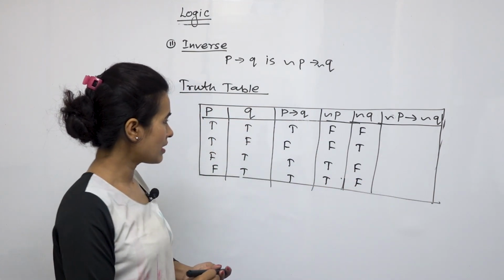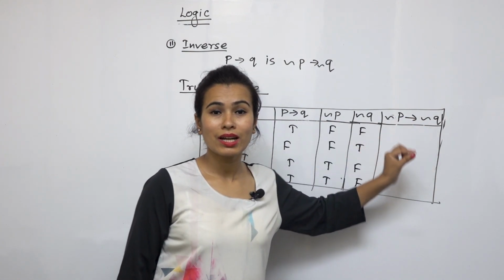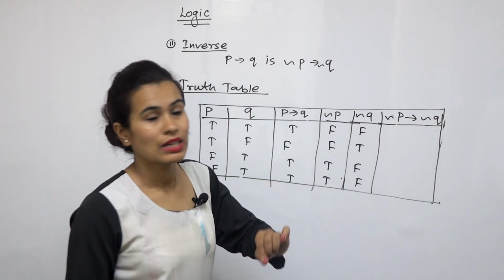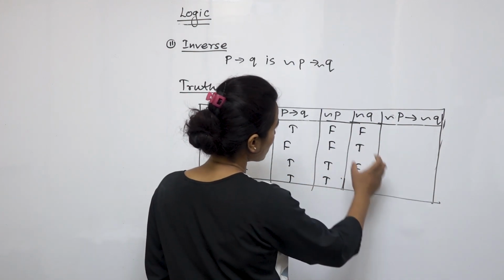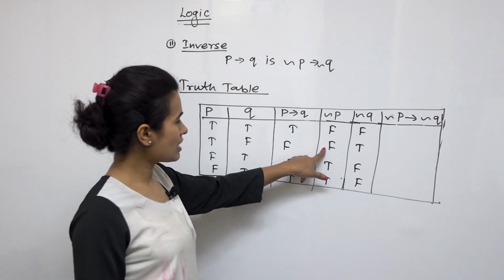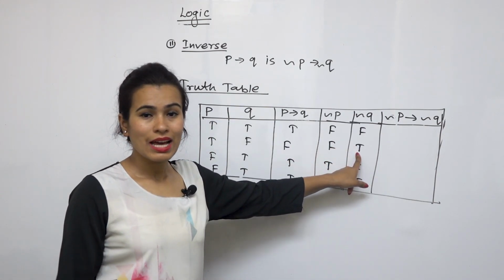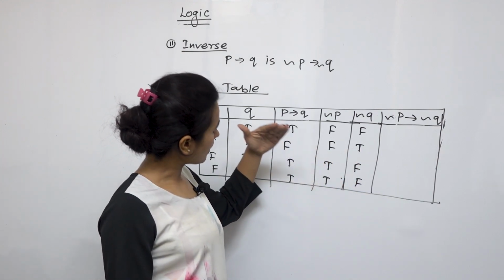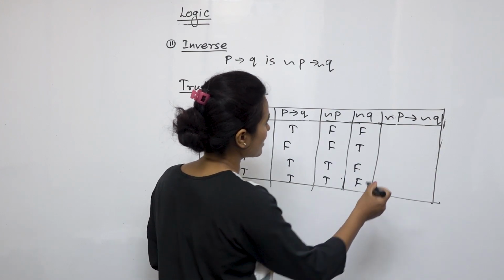Now what we have to do? Not P then not Q. It is also similar with this, where now our hypothesis is this and the conclusion is this. Besides the hypothesis true and the conclusion false, all the relations are true.